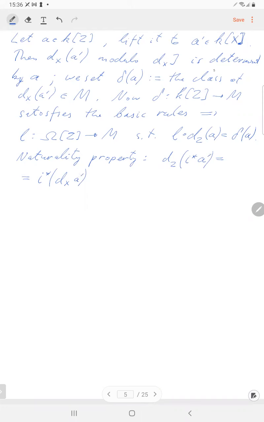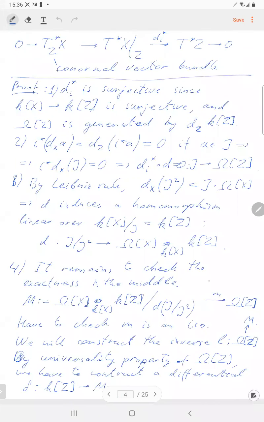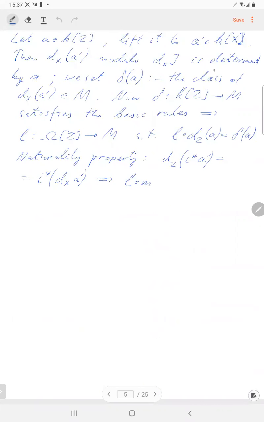And it implies that the composition of L with m, and m is this induced map from the restriction of differentials on X to differentials on Z, applied to dx of a prime is dz of a.